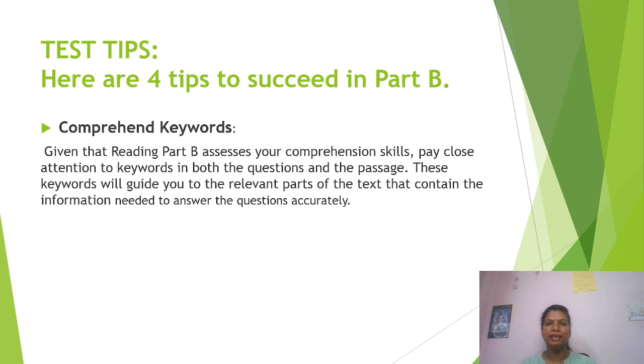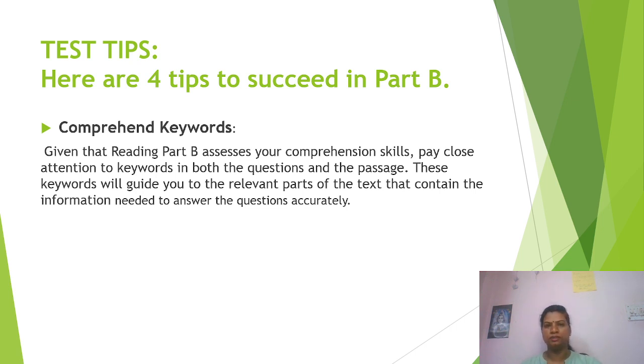Read the text thoroughly and understand the meaning very carefully. Find out the overall meaning, what the text is saying. You have to summarize, you have to comprehend, and then you have to come to the options.